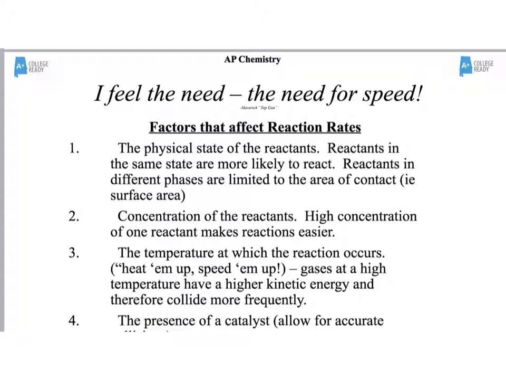It allows for accurate orientation within the collision. So catalysts will help you speed up reactions by lowering the activation energy. So if we have any of these factors or multiples of these factors, then we can make a reaction go faster.